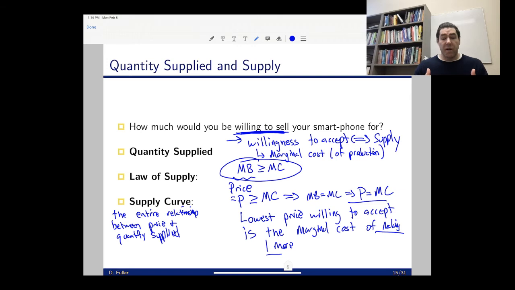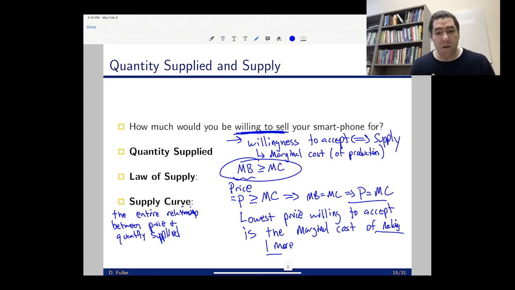I want my marginal benefit greater than or equal to the marginal cost. The benefit of accepting your payment in exchange for my good is the price. The marginal cost is whatever it is. How much does it cost me to make one additional unit of this good, right? So think of it in terms of exchanging the cell phone.